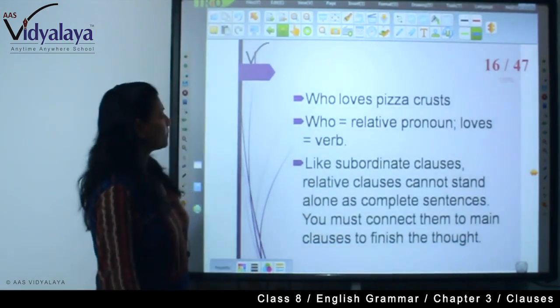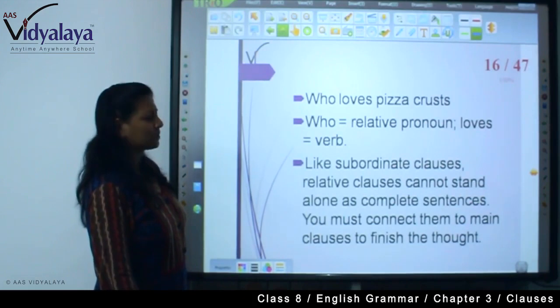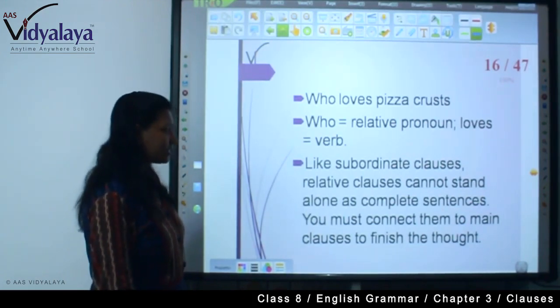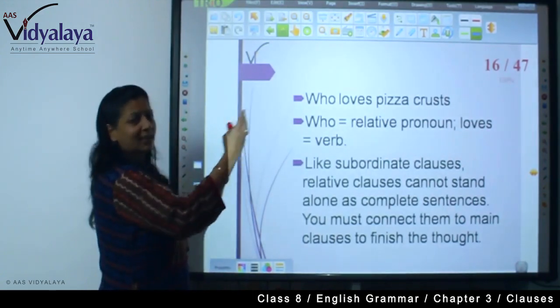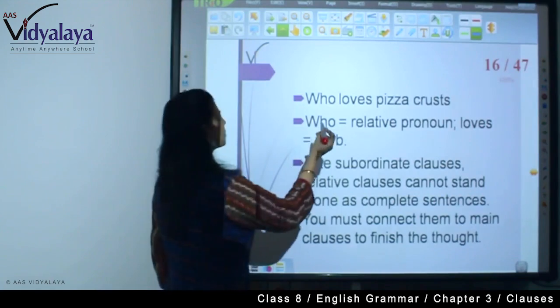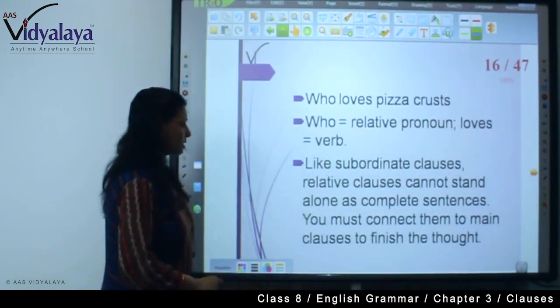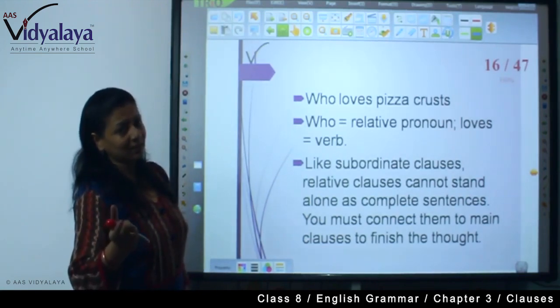Now, who loves pizza crust? Now, who is a relative pronoun and loves is a verb. Like subordinate clauses, relative clauses cannot stand alone as a complete sentence. You are seeing an incomplete thought. Here also you are not seeing a complete thought because this is a relative clause. Now you must connect them to main clauses to finish the thought.